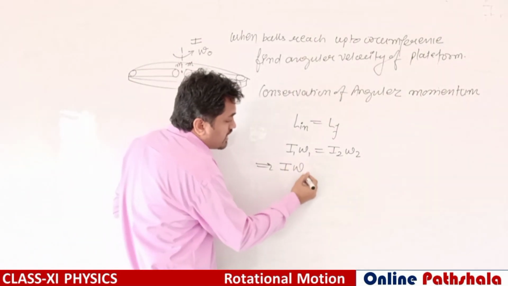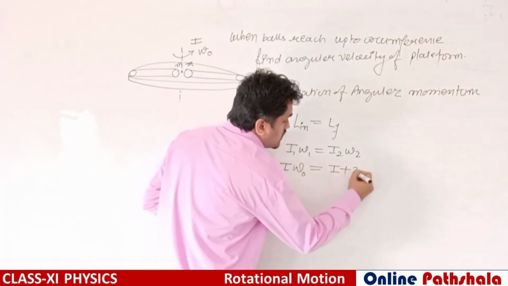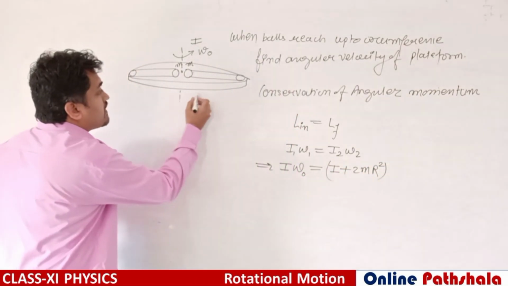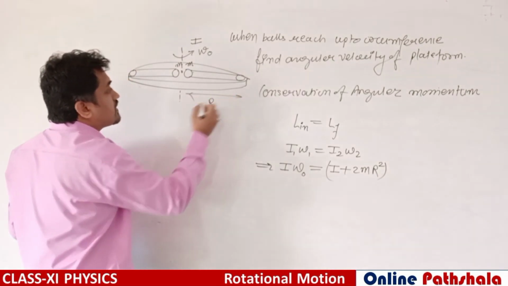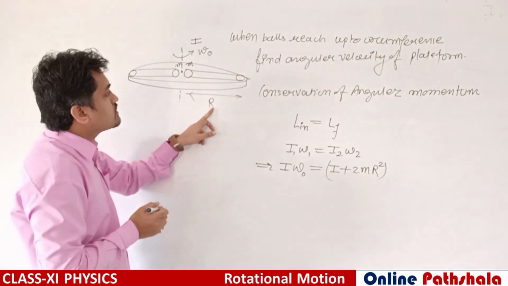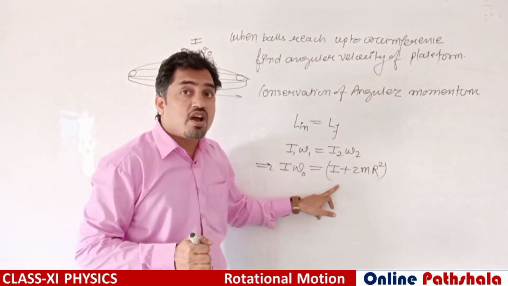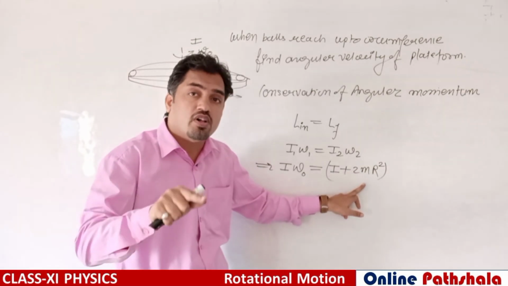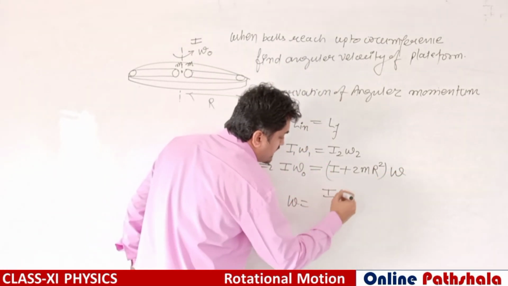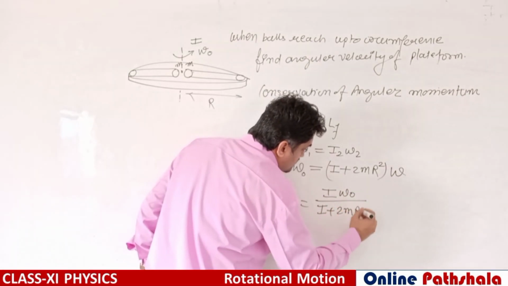So, I omega naught is equal to I2, which is I plus 2 m r square. Why? When the two balls are at the circumference, the moment of inertia about the axis will be m r square for each ball, so 2 m r square. So it is the moment of inertia of the disc plus the moment of inertia of the balls, into omega. So omega is equal to I omega naught divided by I plus 2 m r square.